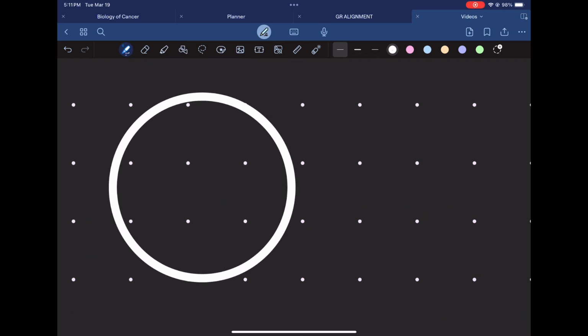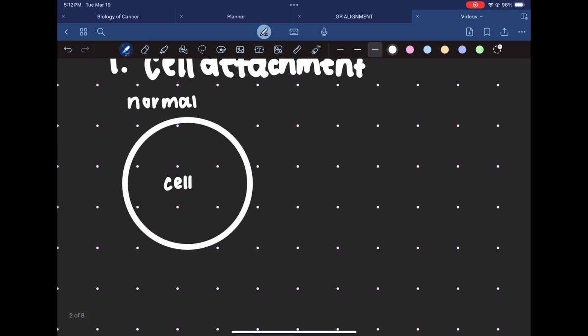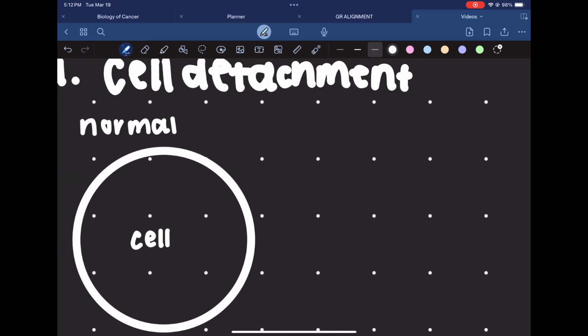So if I have my cell here, I'm going to write out what's normal in a healthy cell over on the left here, and then we'll talk about the transition that happens for a cancer cell. So a normal cell is going to have these traits that are called epithelial.